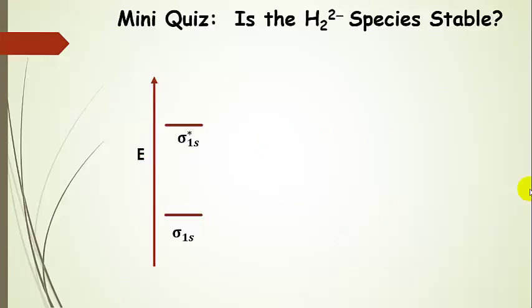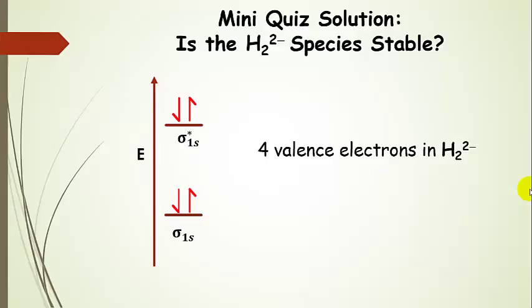Okay, so determine whether the hydrogen diatomic molecule with a charge of -2 is stable. All right, so we have the 2 electrons from hydrogen, H2, and then the 2 extras, so that's going to make 4 valence electrons.